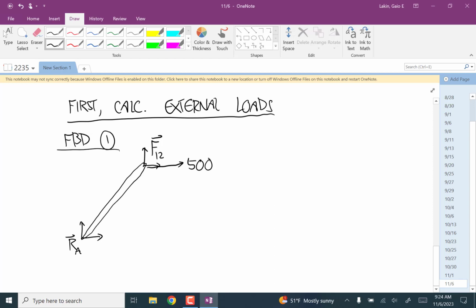And now that we've chosen a body to isolate, we can represent our distributed load as a point force, which is how we've always done it. We've just treated this like a force acting at the center of mass. And the total force is 294.3. And I'm going to use this as my about point.